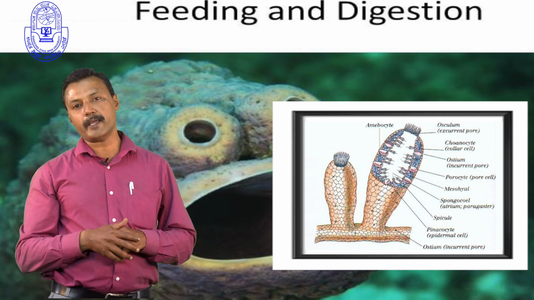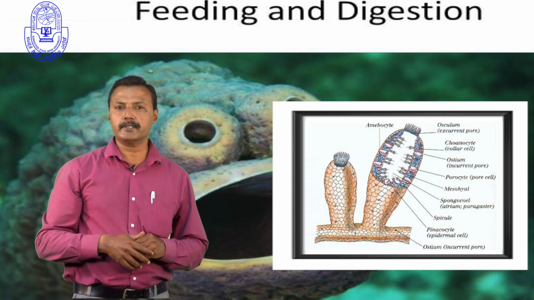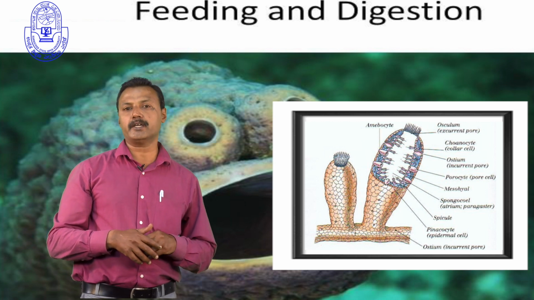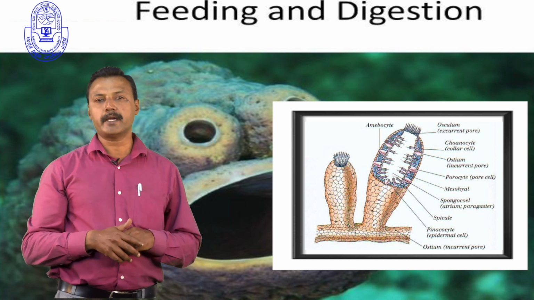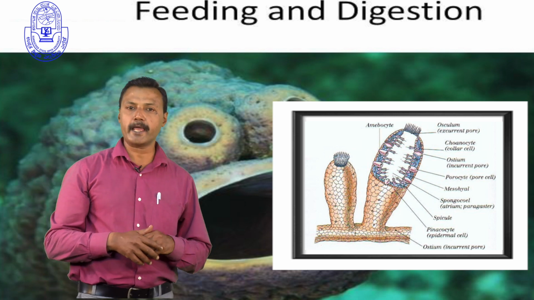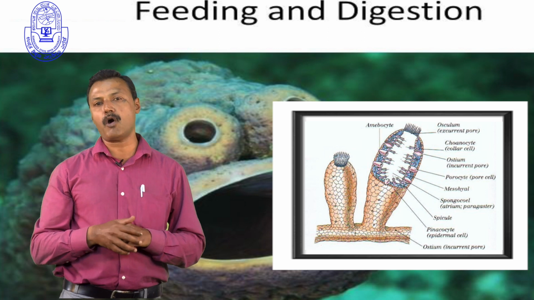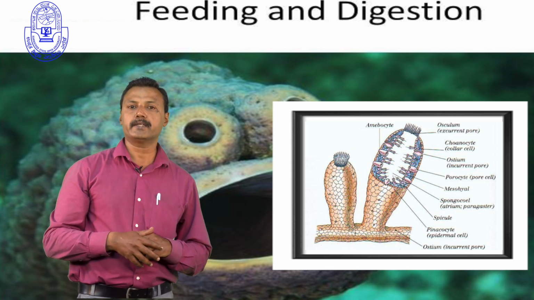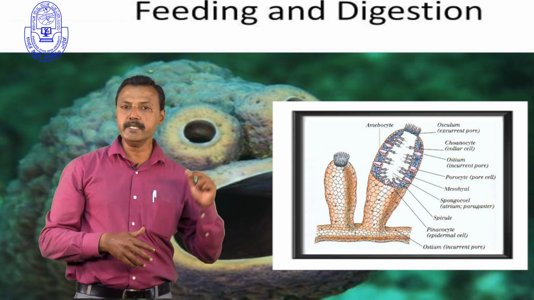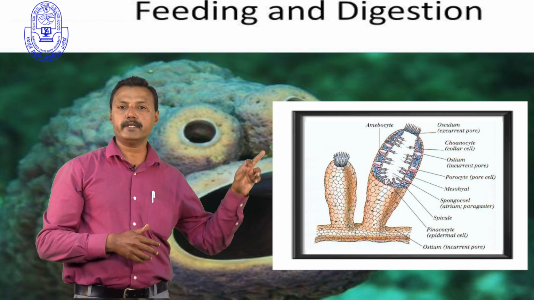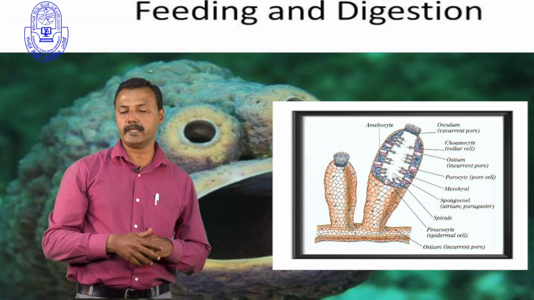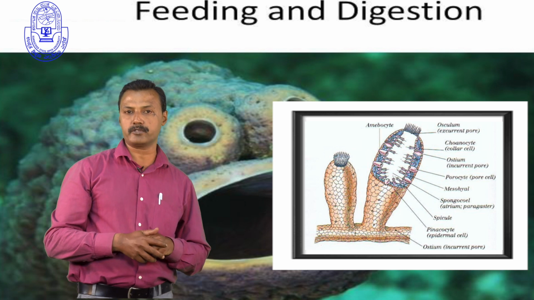Choanocytes have important enzymes that are proteolytic, carbohydrolytic as well as lipolytic type of enzymes, where they digest a large amount of the food particles. Below these choanocytes, there are the archaeocytes, or amoebocytes, which are also found.